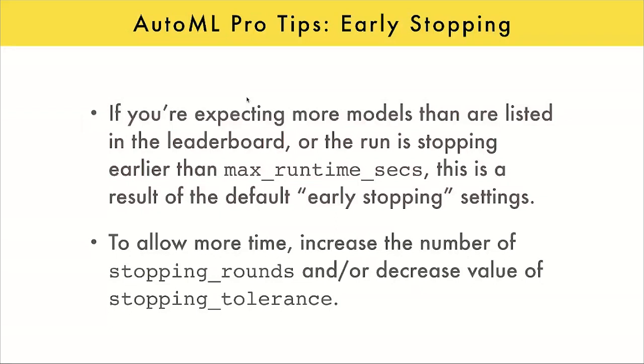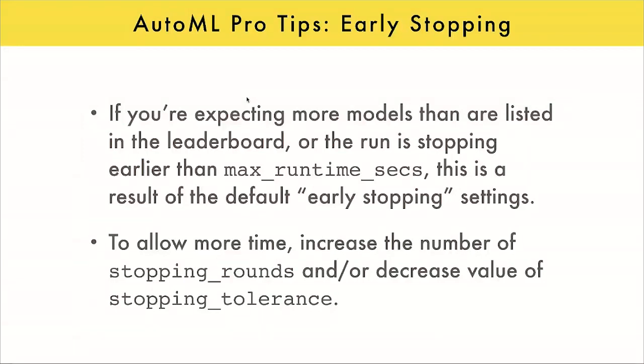Then I would look at what the early stopping is doing. So you could turn off early stopping, or you can tweak these parameters. I'm not going to go into a whole lot of detail about understanding these parameters, because these are explained in the H2O user guide, and all of our algorithms use the same exact terminology and parameters. So there's something that we call stopping rounds and stopping tolerance.